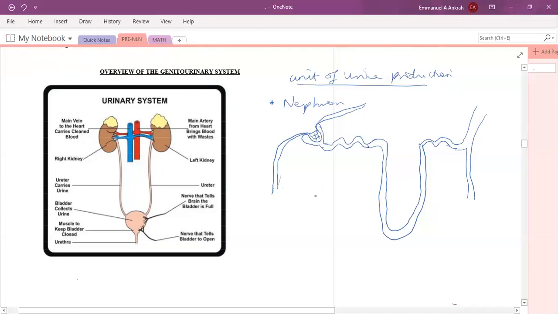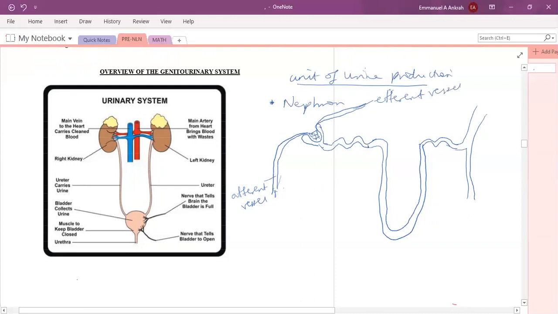The blood vessel that brings the blood in is known as the afferent vessel. The one that takes the blood out is known as the efferent vessel.